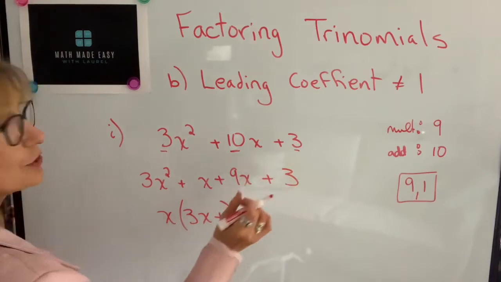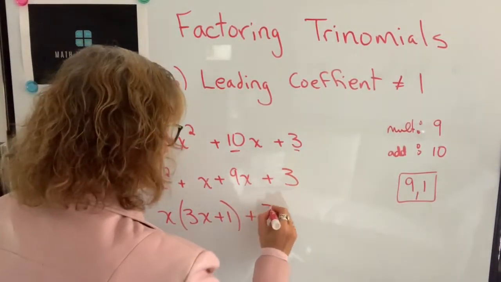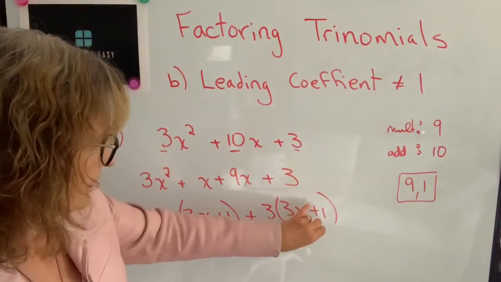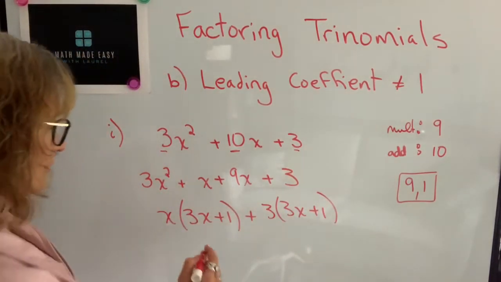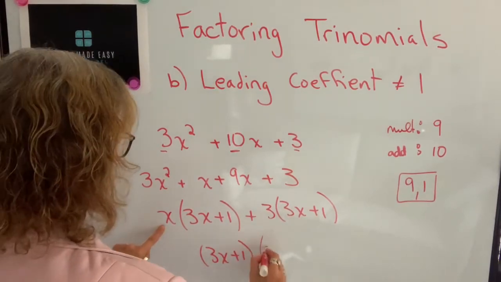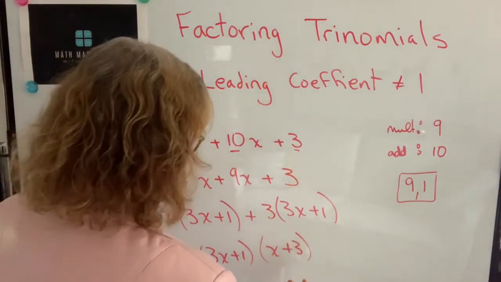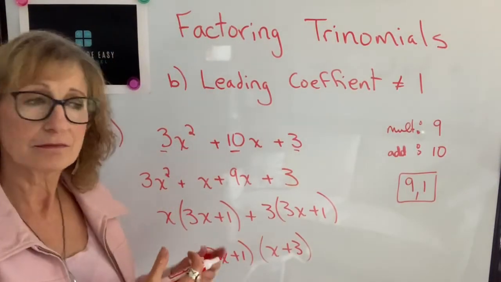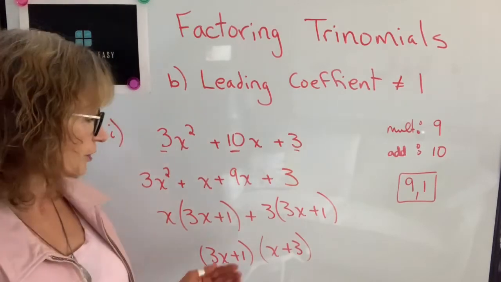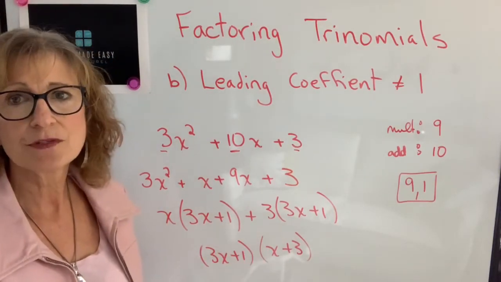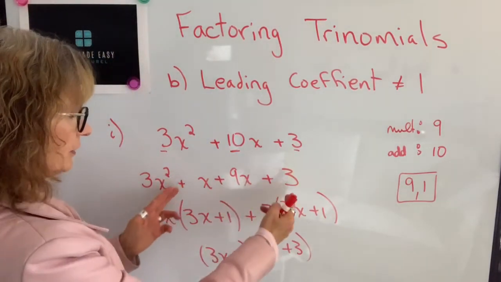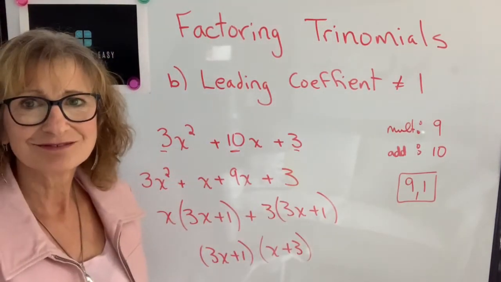When I factor these two terms, I can factor out a 3, and I'm left with 3x plus 1. This is the same as this, so I can factor 3x plus 1 out of both terms, and then I'm left with x plus 3. This is identical to what I got the first time, other than the order is different, which doesn't really matter. When you're multiplying, you can multiply in any order. So no, it doesn't matter which way you split them up. You should end up with the same result either way.